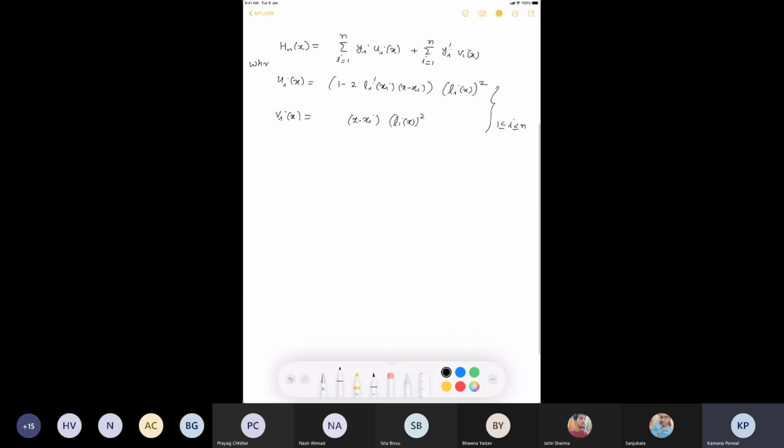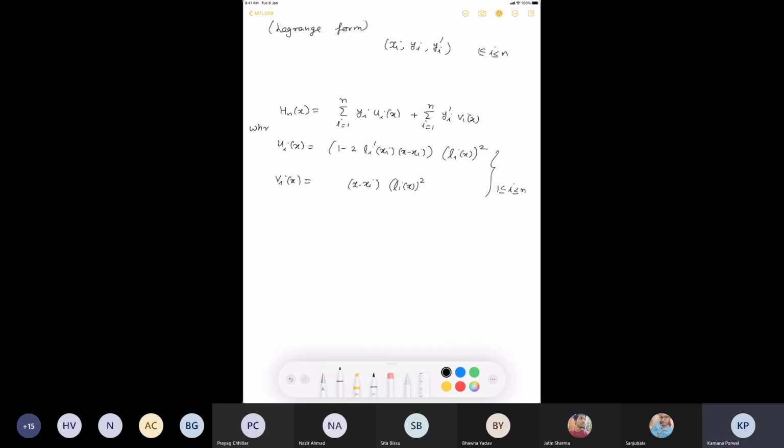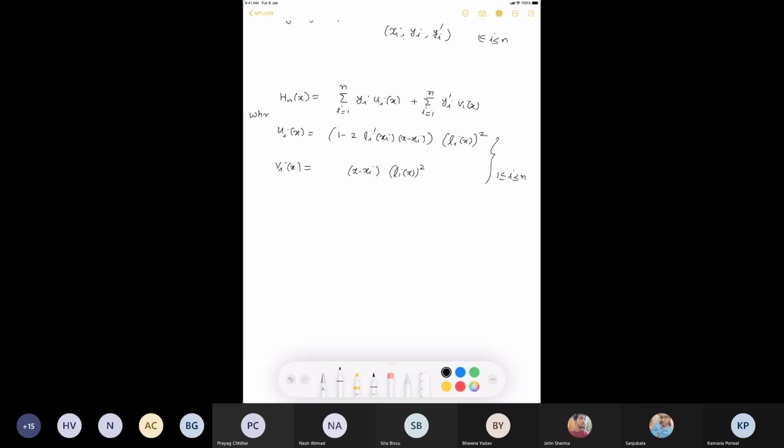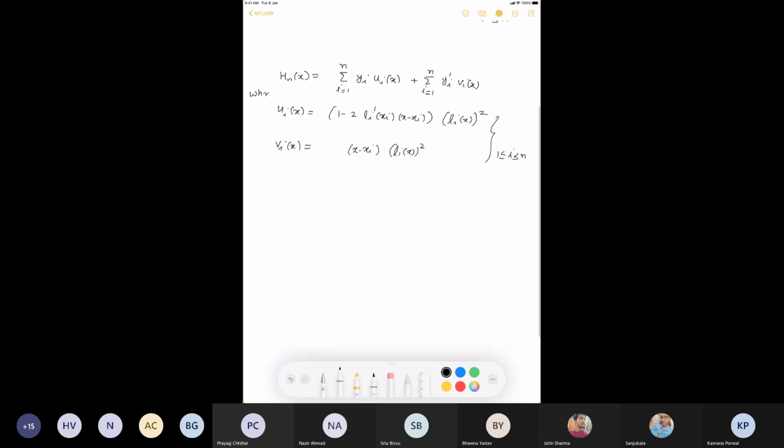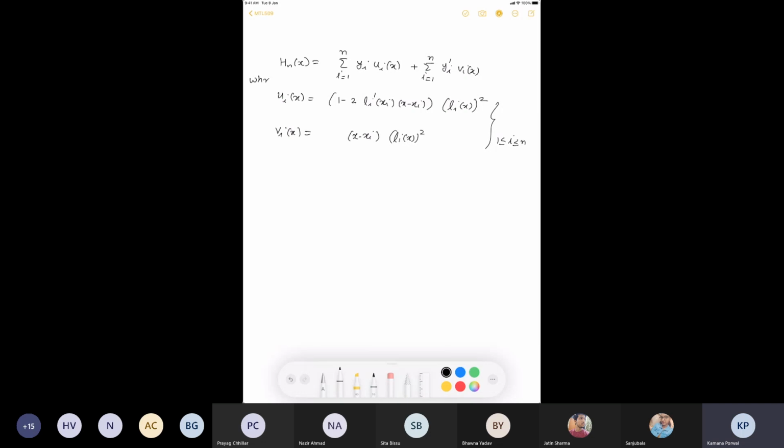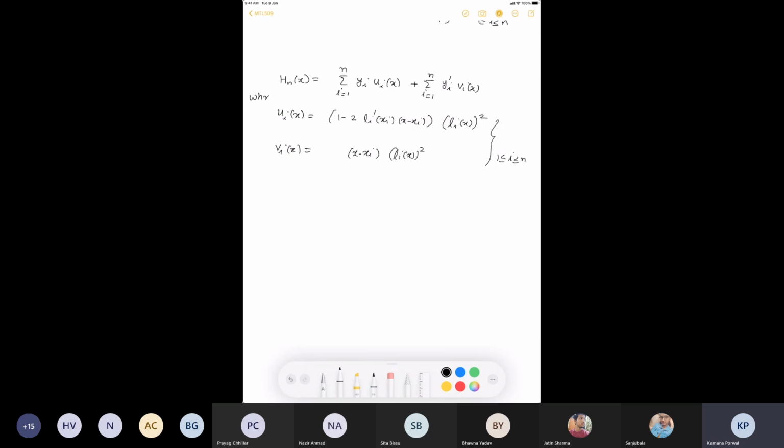Right? So is it okay with everybody? All right. So again, as in the previous case, we have seen that if we have the Lagrange interpolating polynomial with k data points, and we add one more data point, then you have to compute all the li(x) again, starting from l1.